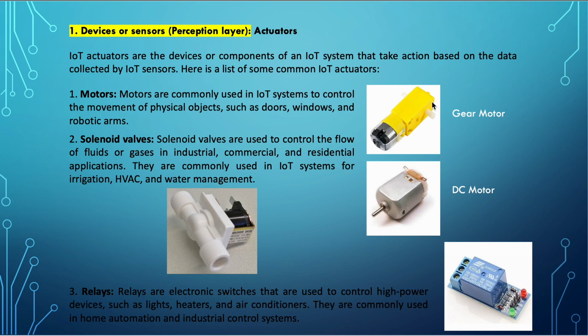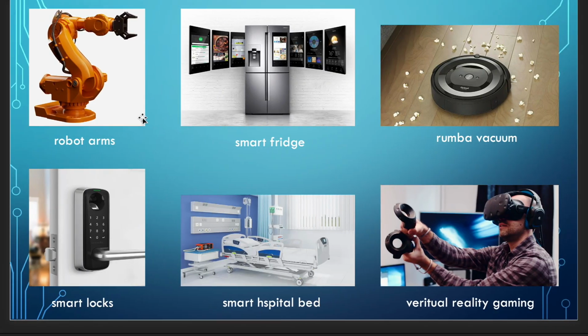But before going to that, we are talking about motors, and let's look at our first chapter. We talked about examples of IoT devices. So here let's look at where motors can be used in our IoT devices. There's a robotic arm.